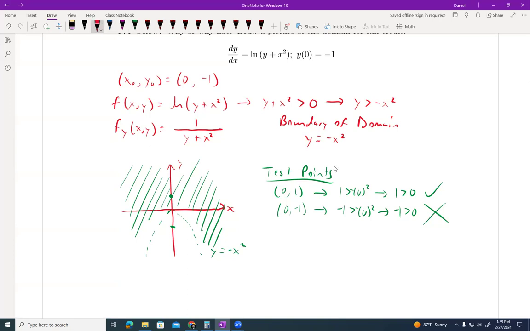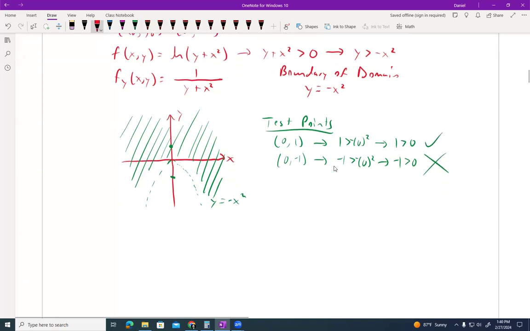Now, we go back to this problem here. We have dy/dx is equal to the natural log of y plus x squared, y of 0 equals -1, right? Well, in order for us to apply the existence and uniqueness theorem to this initial value problem, we would need for this point to lie in the interior of our domain. And we just showed that it didn't lie in the interior of our domain. It lies outside of our domain altogether.